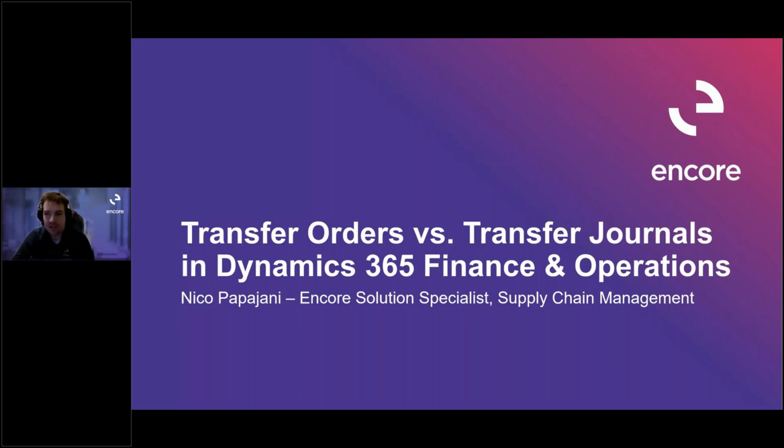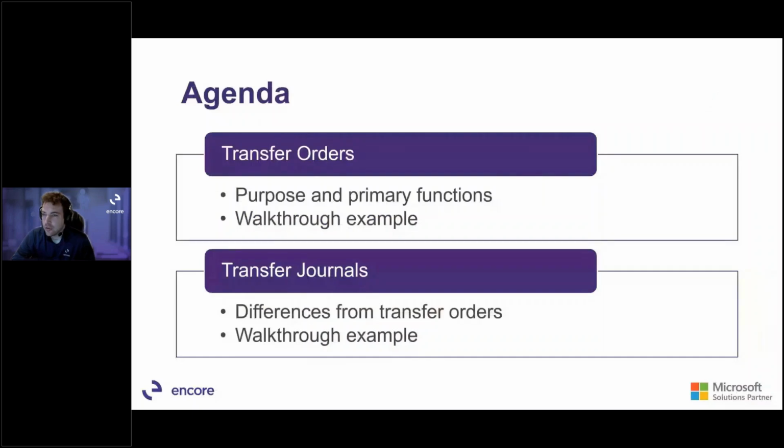So for our quick agenda today, we're going to be looking at the differences between two of the most commonly used inventory journals and two of the most confusingly named inventory journals, transfer orders and transfer journals. We're going to go over the purpose and primary functions of transfer orders.